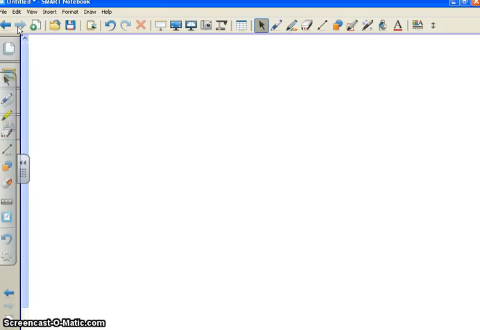Because let's say I am given the cos of some angle is -3/5, and I want to figure out the other 5 trig functions, trig ratios, without having to draw a picture.